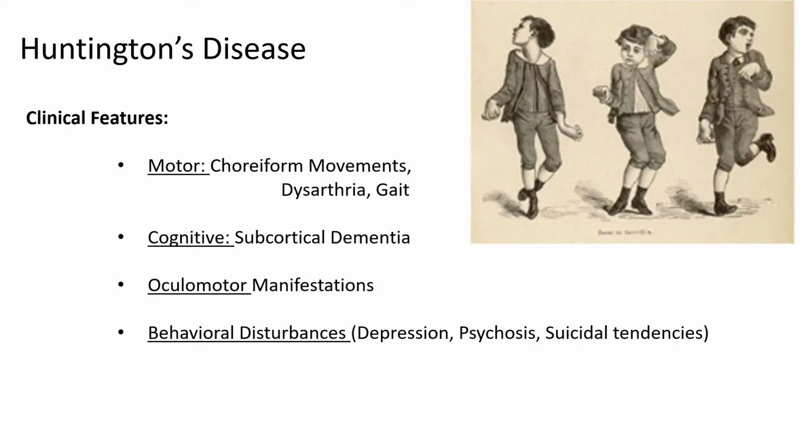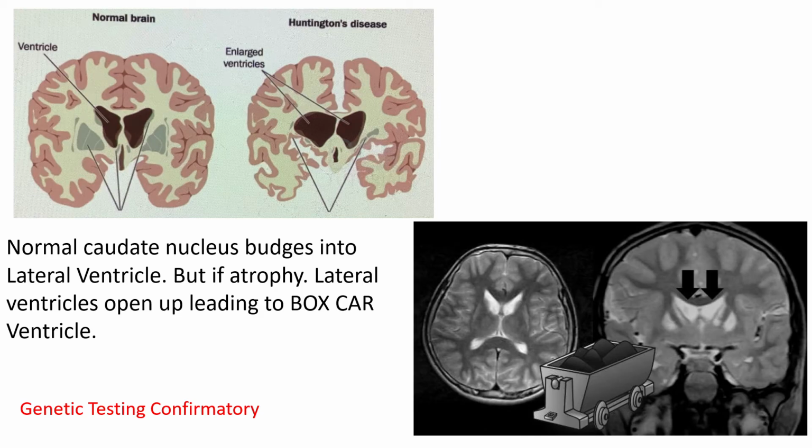So for Huntington disease, the clinical features: the motor features obviously include choreiform movements. There can also be dysarthria and gait disorders. Other non-motor features include subcortical dementia, oculomotor features, and also behavioral disturbances like depression, psychosis, and often patients have suicidal tendencies. If you see the brain of a patient, a normal brain would have a normal caudate nucleus bulging into the lateral ventricle, while the brain of a Huntington disease patient would have, due to the atrophy of the caudate nucleus, as we can see, these are the caudate nuclei.